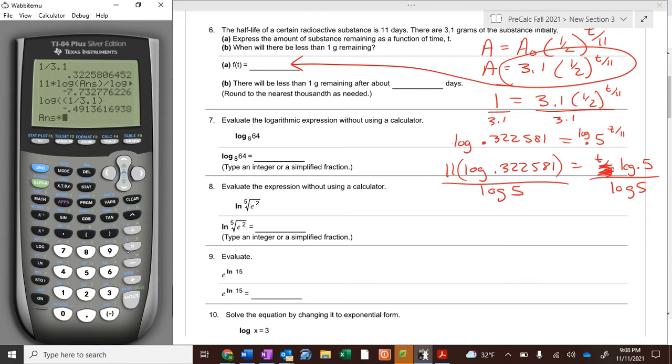We're going to multiply it by 11. We get a bigger number. We're going to divide that by the log of 0.5. I think I divided by the log of 5. That's 0.5 because it's 1/2. Log of 0.5. That's where Mr. Bierschbach goofed up. The log of 0.5 equals, there we go, 17.955.